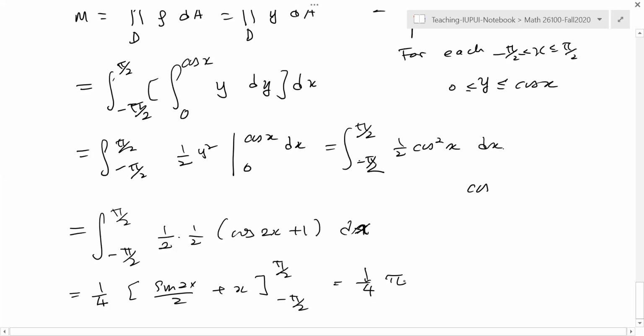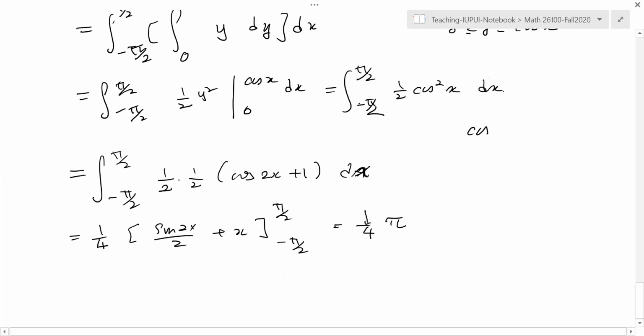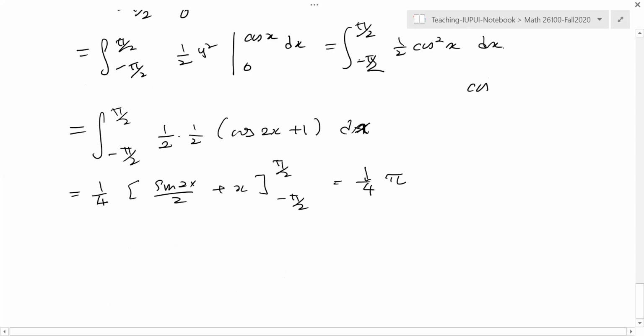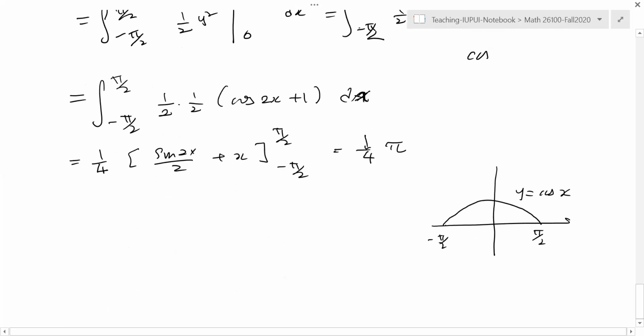That's it. Now, when you try to find the center, this is y equals cosine x. For the center, you have to evaluate 2 integrals.